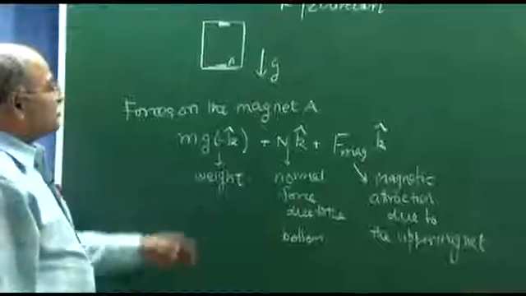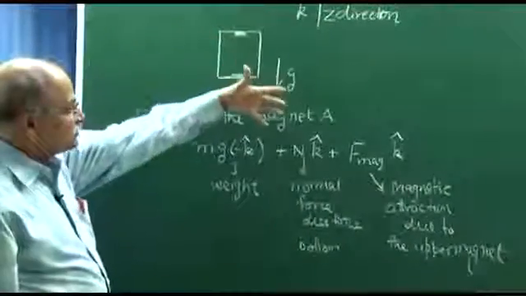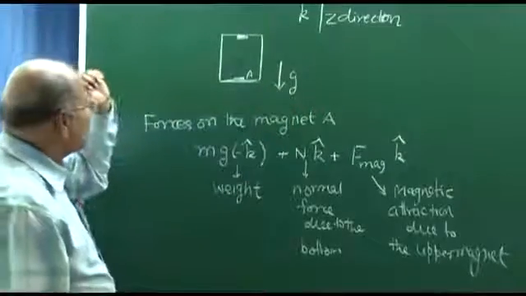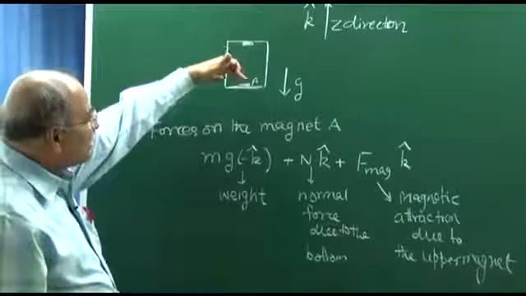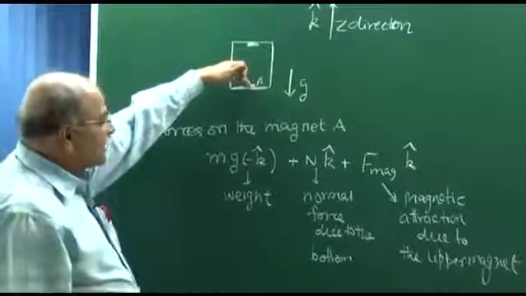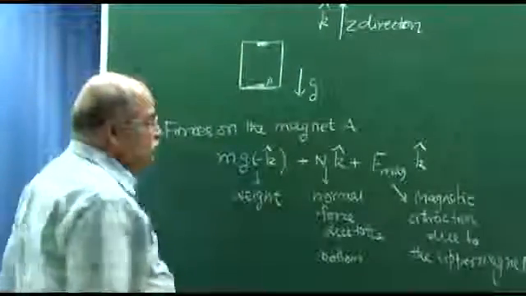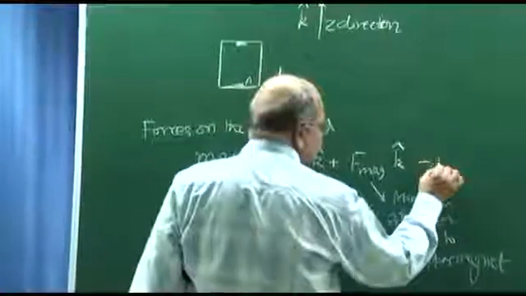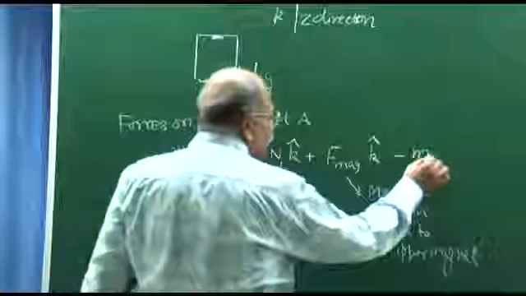And since we are using a non-inertial frame, I must apply a pseudo force also. I must write a pseudo force on this A, and that pseudo force will be the mass of the object multiplied by the acceleration of the frame with a minus sign. So, it is minus mass of the magnet times the acceleration of the box, which is g in downward direction.